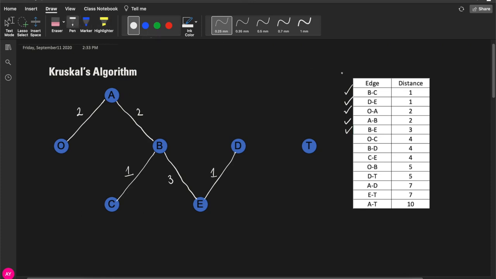Okay, so we will not add OC. Next, BD. So OC is a cross. Adding BD will also cause a cycle. So as you can see, adding BD will cause a cycle, and here's your cycle, and therefore we will not add BD. Okay?